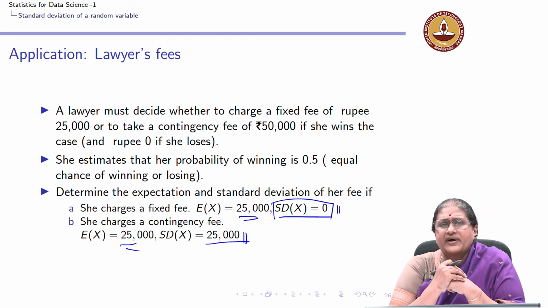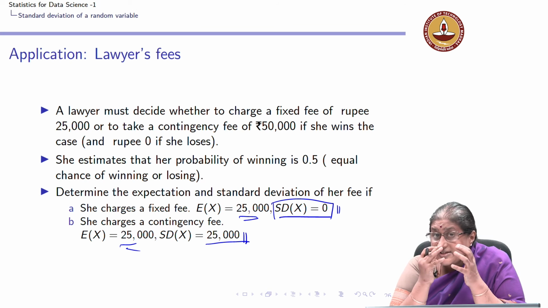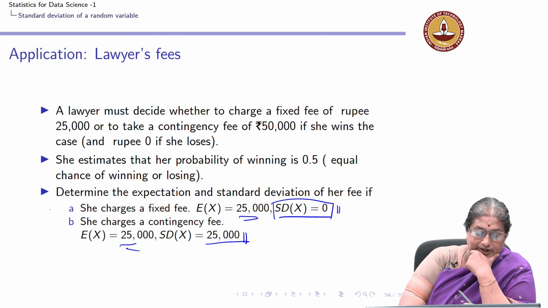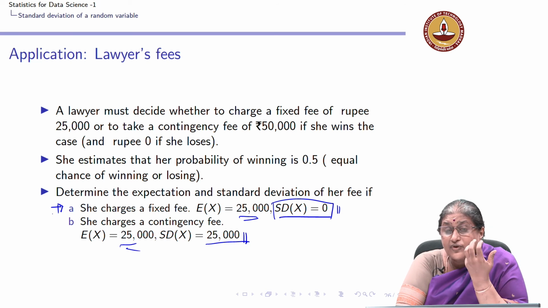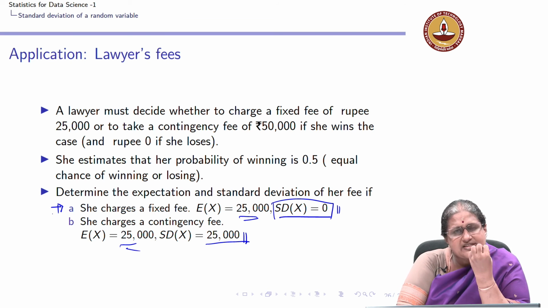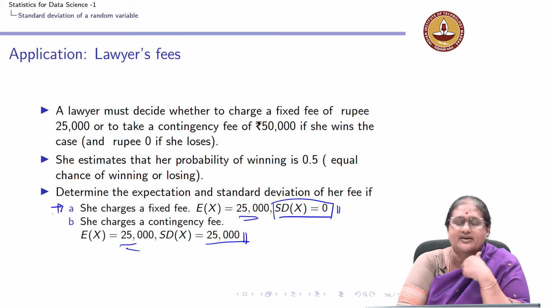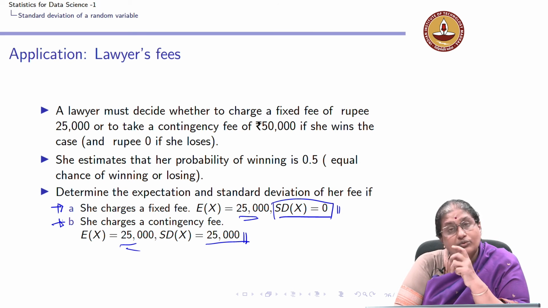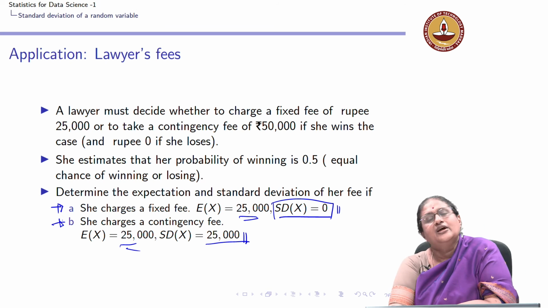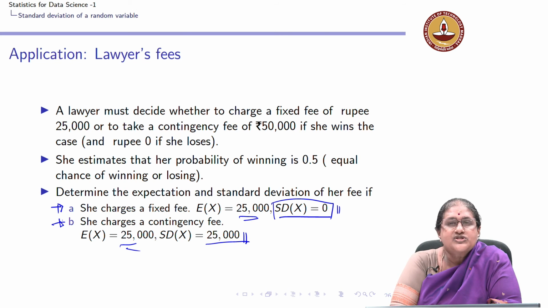So if you are a person for whom this risk is important, then you might just go with option A. But if you feel that it is okay to take this level of risk, then option B is a better option for you because you have a chance of getting 25,000 extra, which is you get 50,000 rupees.